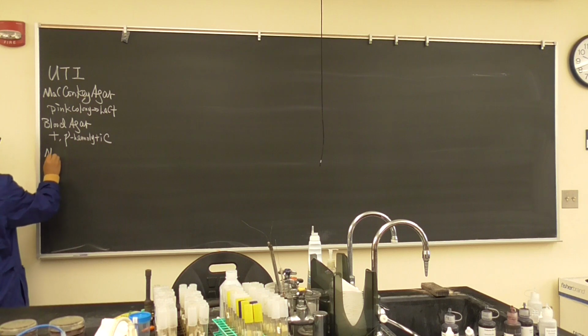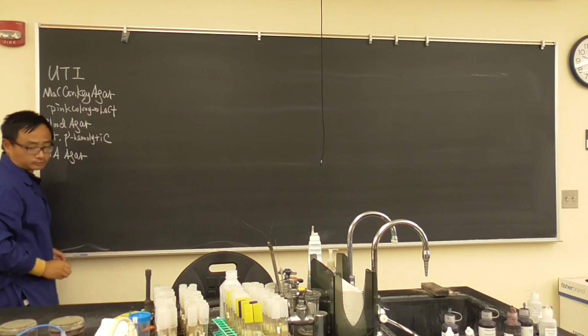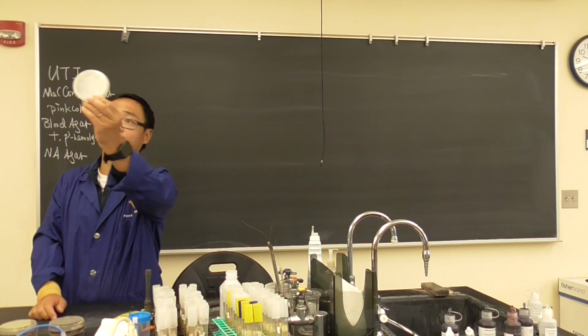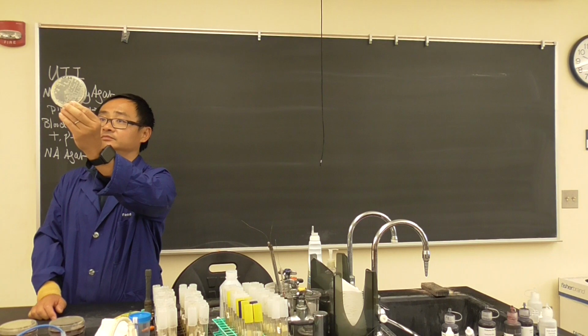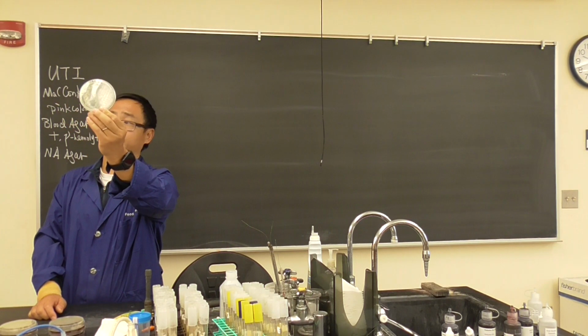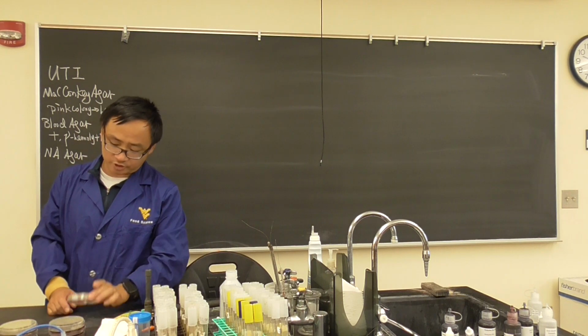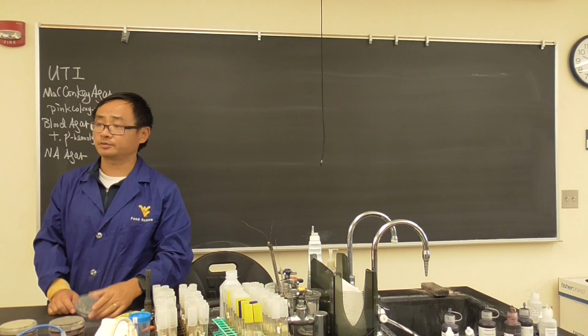Now how about your nutrient agar? So let's see what you have. This one, that's what I get. You can count how many colonies there are. I would say this one, if you go ahead and count, it's going to be more than 100.